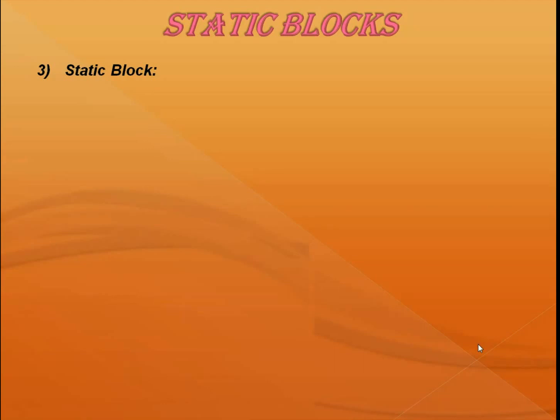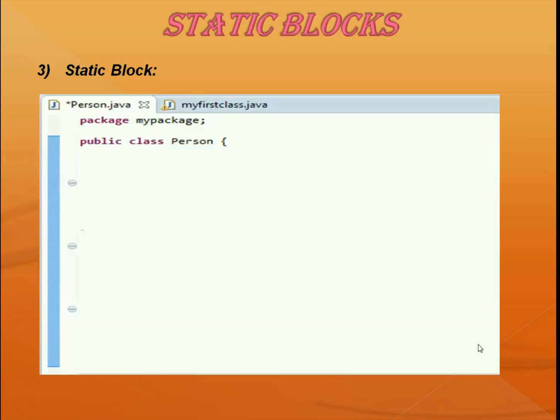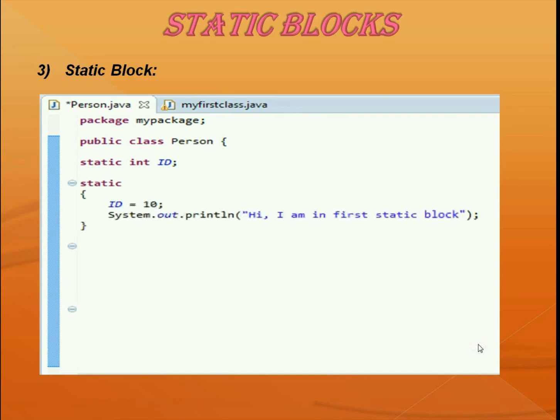Now let's see in this program, there is a static integer id variable, and after that there is a static block here, with opening and closing brackets, and I have written static over here, inside which I have said id is 10 and I am printing "hi, I am in first static block".